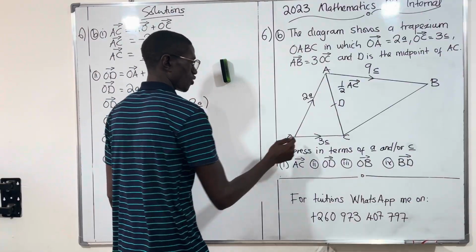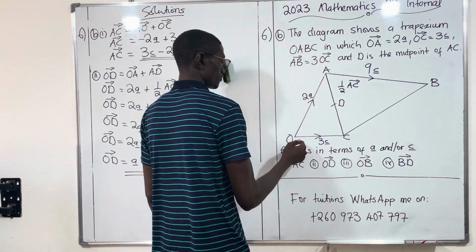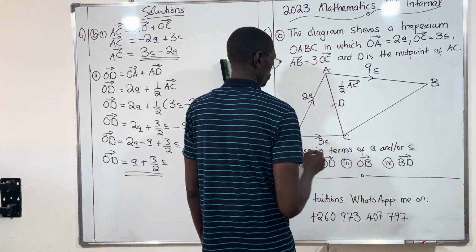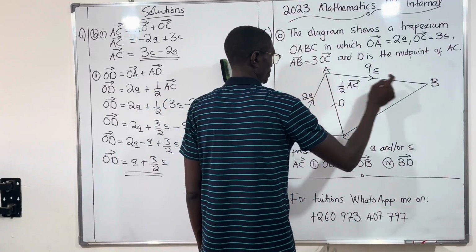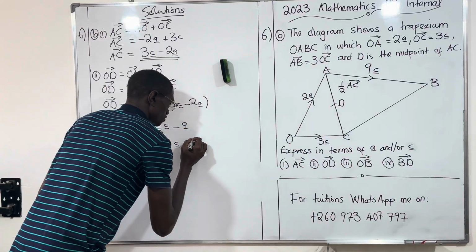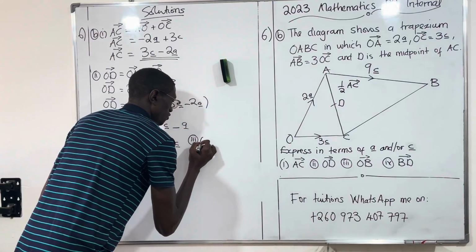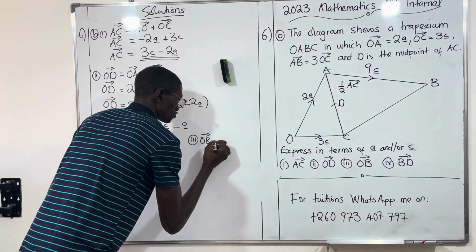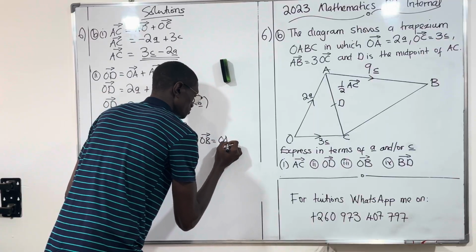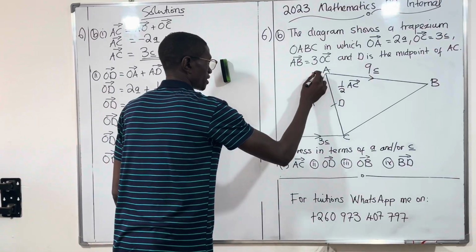So how can you move from O to B? We can move from O to B by going to OA, AB. So it's going to be OA plus AB. Then we would have found vector OB. So OB is going to be equal to OA plus AB.